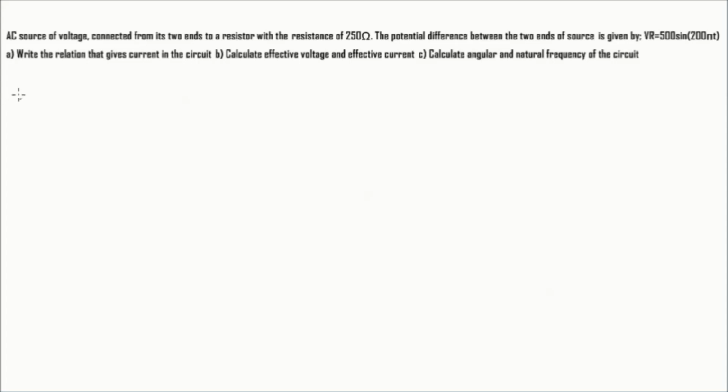The A says write I_R equals I max times sine omega t. Write this equation.